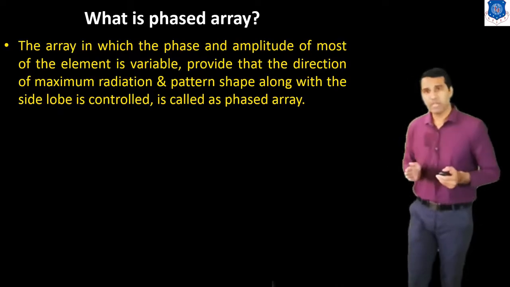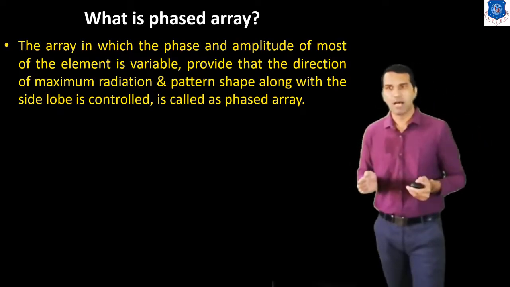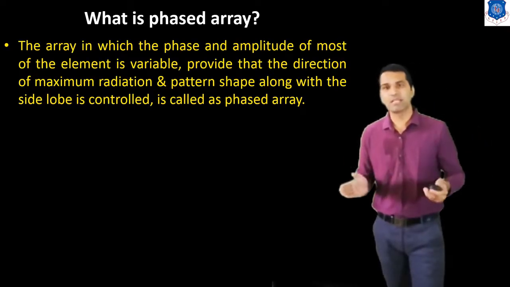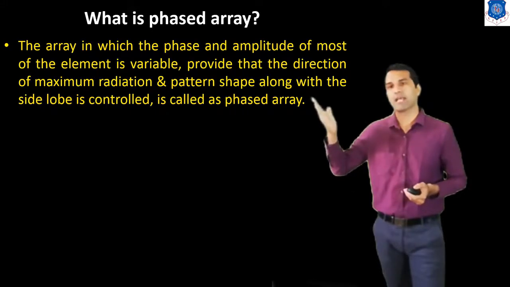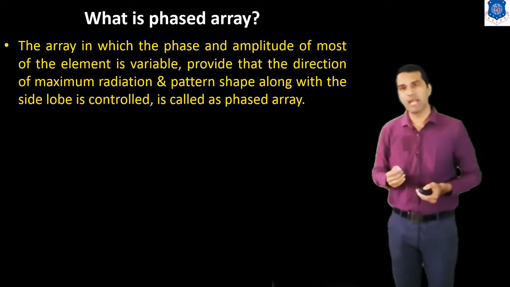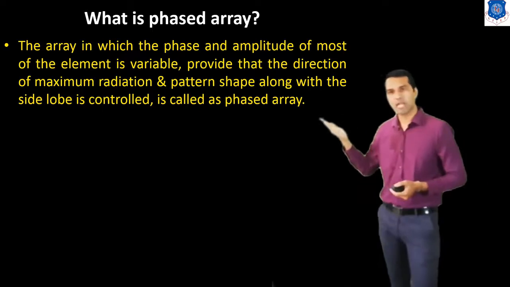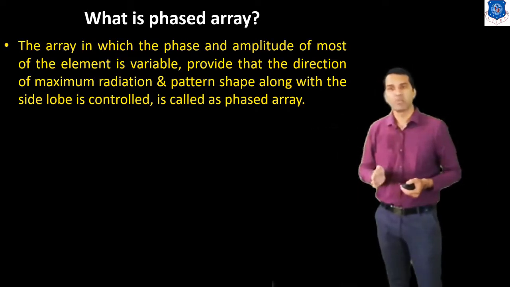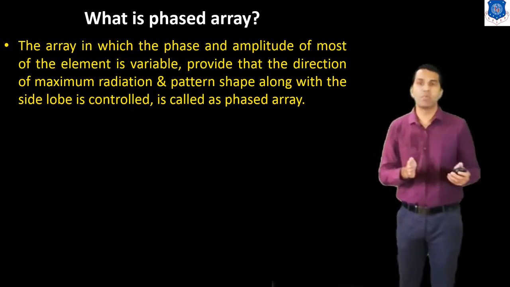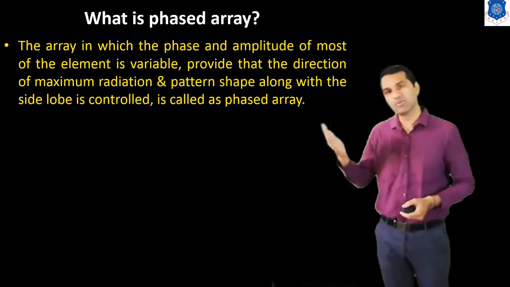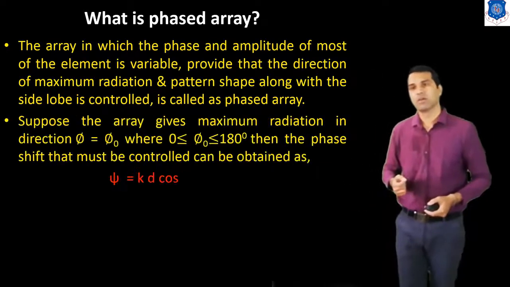So we can design our desired radiation pattern by using this phase array concept. That means we can control the side lobe and also place the major lobe in our desired direction.